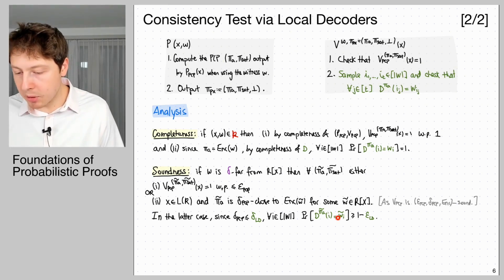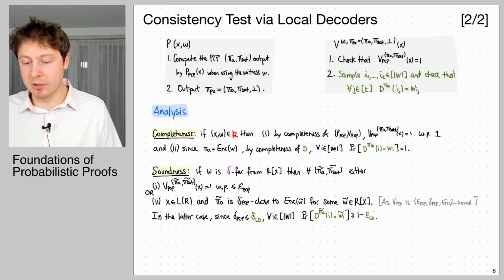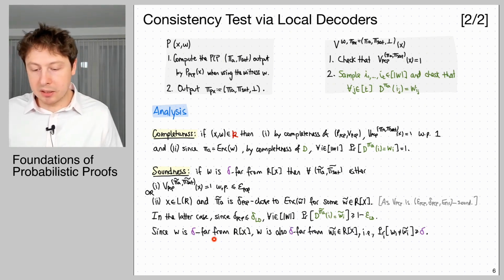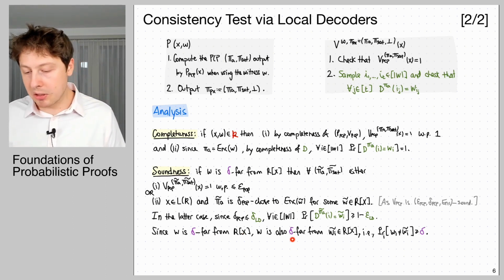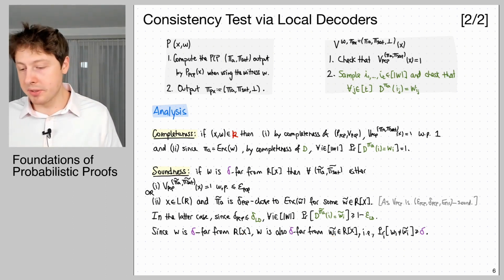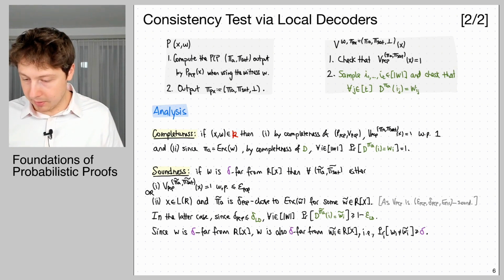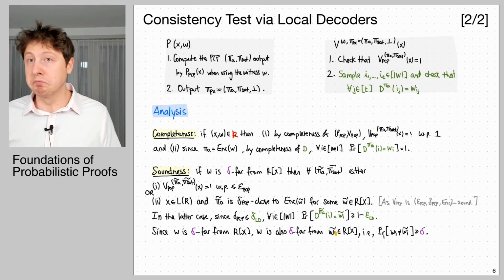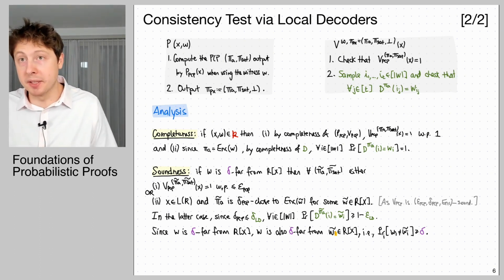Notice that this is w tilde, not w, because that's what's inside this noisy codeword. Also, because w is delta far from all valid witnesses, w is also delta far from this particular valid witness. So, there's no i here. So the probability that these agree is at least delta, at a random index.